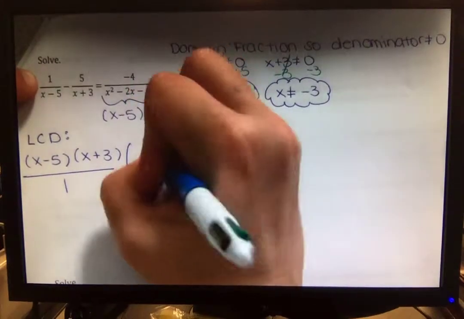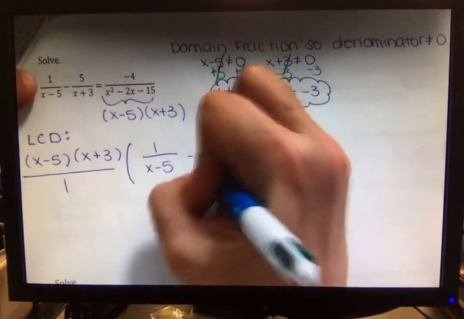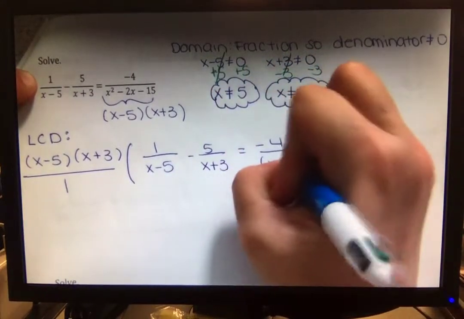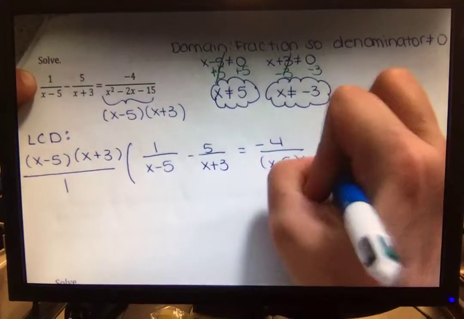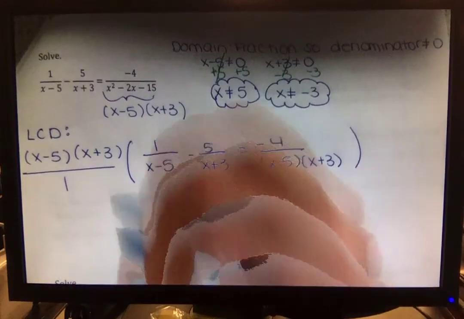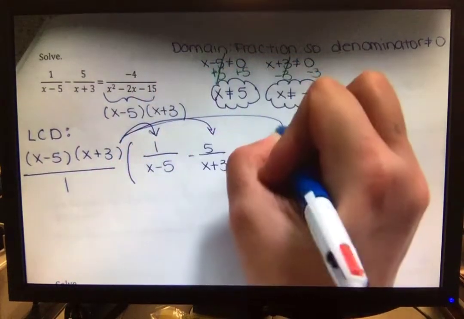Multiplying that to both sides of our equation. We want to write it in factored form so that our factors can cancel. We're going to distribute this to every single term on both sides of our equation.